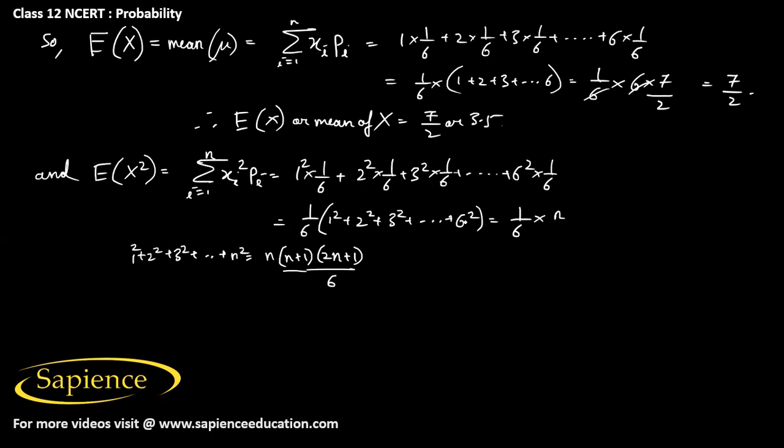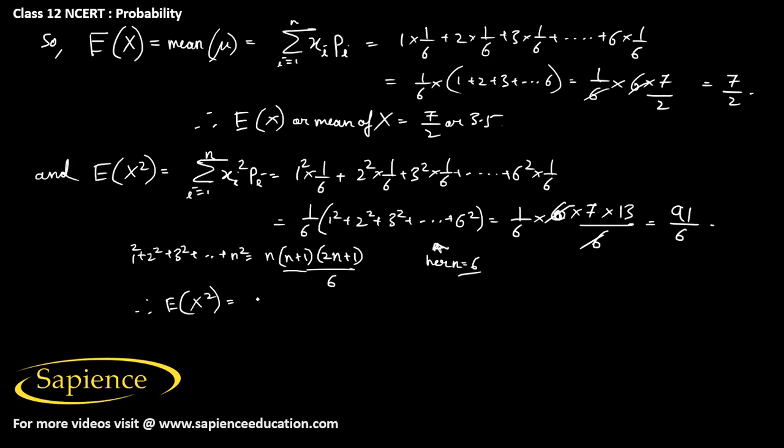Here n is equal to 6. So we can write 6 into 7 into 13 divided by 6. The 6 and 6 get cancelled. So this would be 13 sevens, 91, by 6. Therefore the expectation value of x square would be 91 by 6.